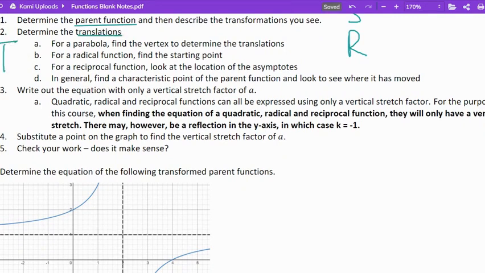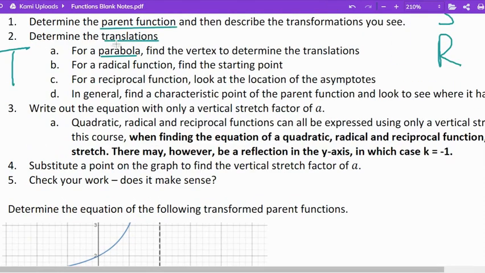Now, there are specific things for each parent function. If we have a parabola, then we use the vertex to find the horizontal translation and the vertical translation, the way we did in grade 10. If we have a radical function, we use the starting point to figure out how much it's moved left and right.